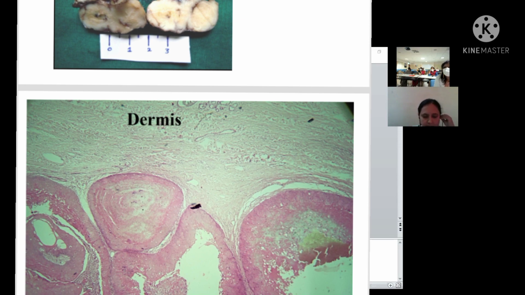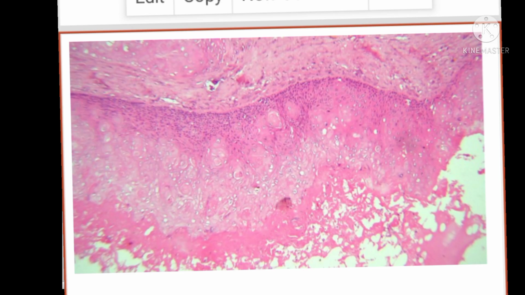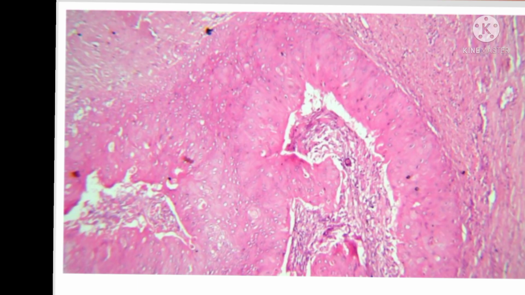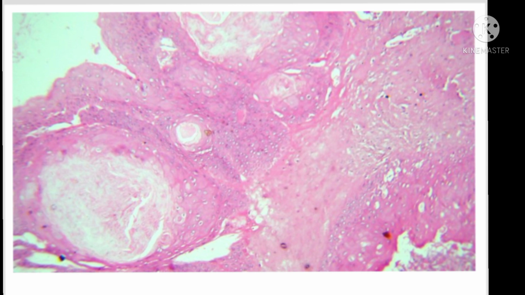This slide shows variable sized lobules, and there is epidermal acanthosis. There is absence of granular layer in this slide. This slide also shows absence of granular layer and epidermis with cystic formation, and there is abrupt keratinization, with variable sized lobules and amorphous eosinophilic keratin.